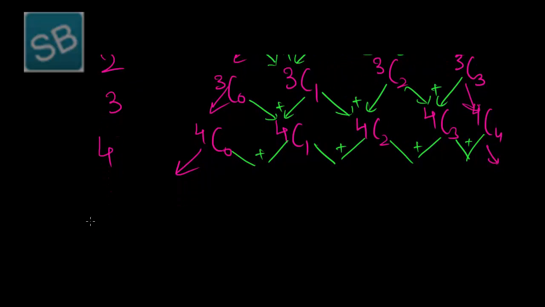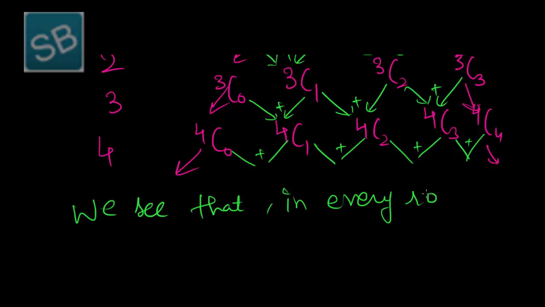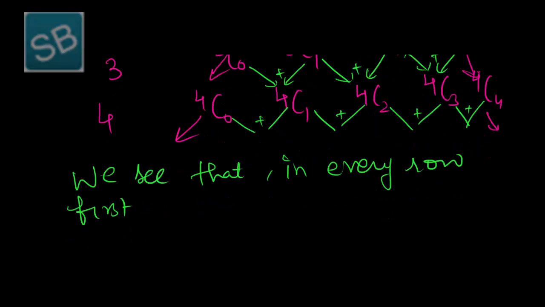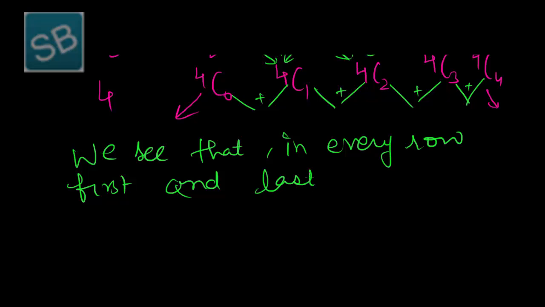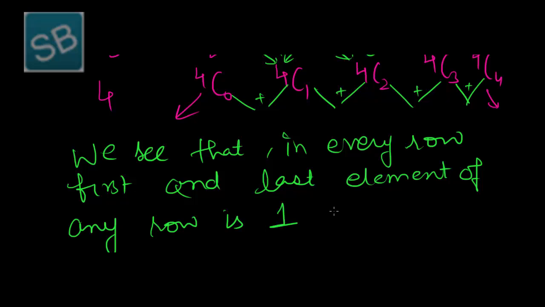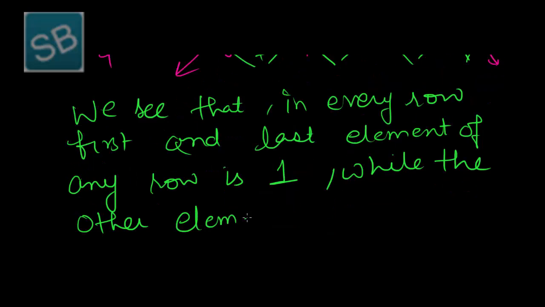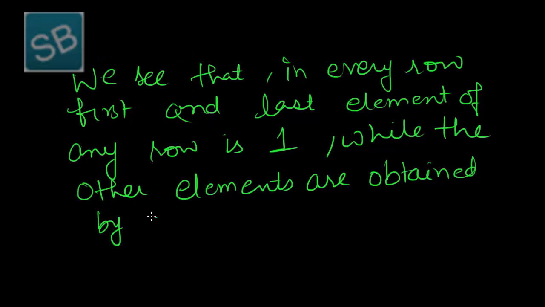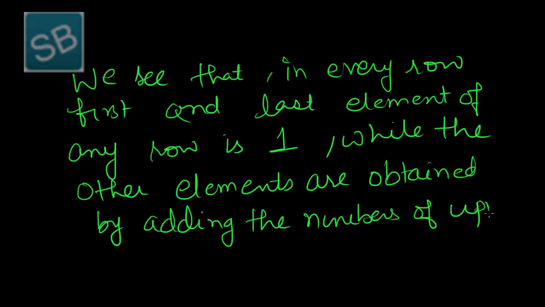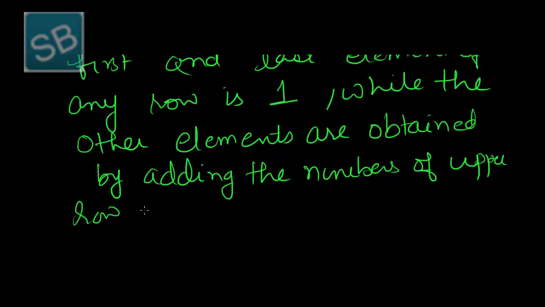So we see that in every row, the first and last element of any row is 1, while the other elements are obtained by adding the numbers of the upper row which are at the beginning of the arrow.